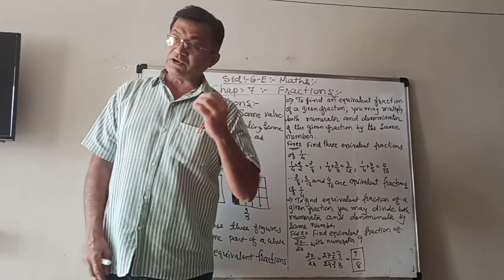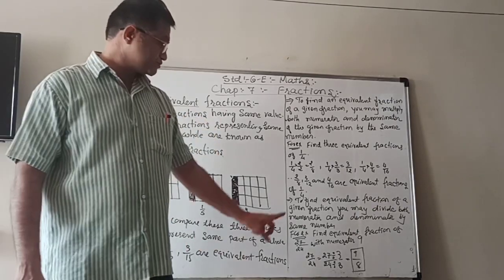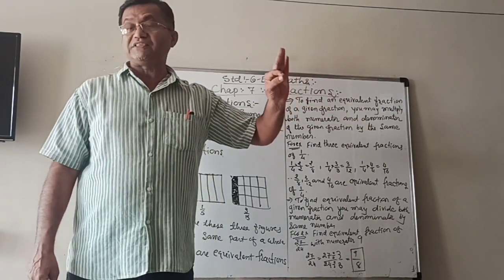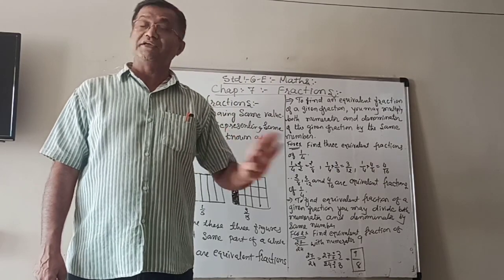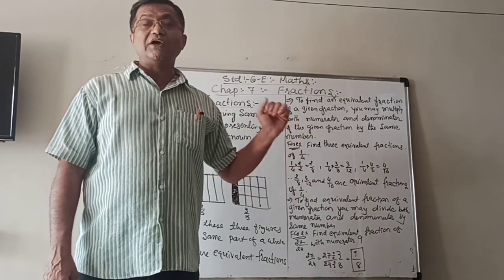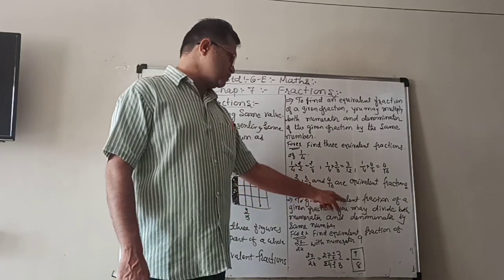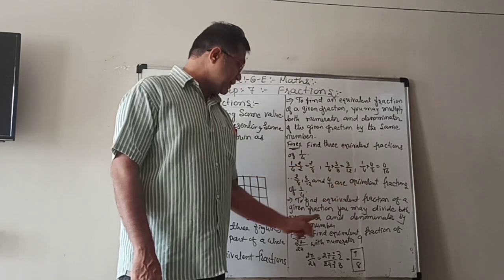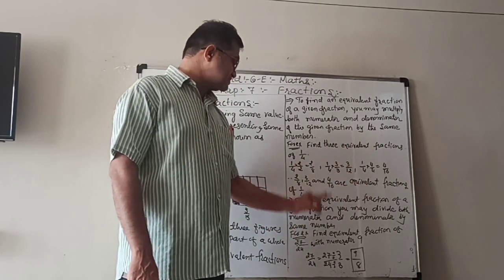But when a particular thing is given, then you can use it. In the first method, what did we do? We multiplied the numerator and denominator with the same number. Here also we have to do the same, but we don't have to multiply, we have to divide. To find an equivalent fraction of a given fraction, you may divide both the numerator and the denominator by the same number.